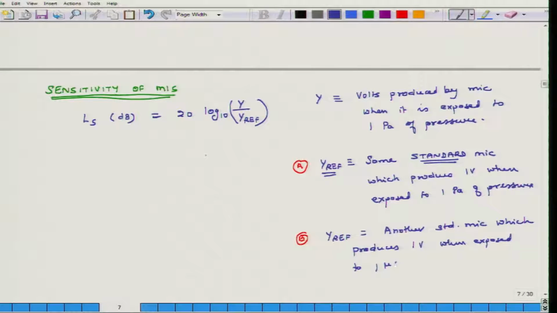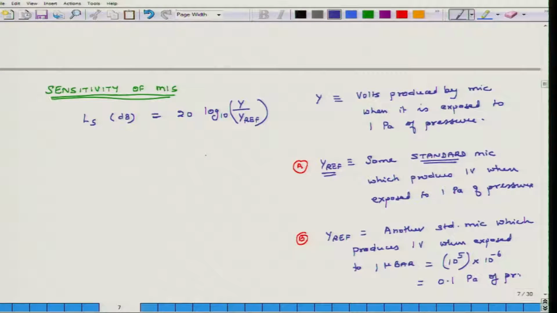And what is 1 microbar? 1 bar is how many pascals? 10 to the power of 5 pascals is 1 bar, and 1 microbar is 10 to the power of minus 6 bar, so that is equal to 0.1 pascals of pressure.